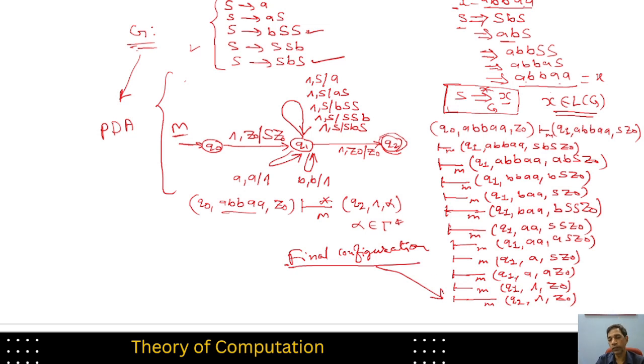Okay, why is this the final configuration? Because Q2 belongs to final state. So starting from the initial configuration, we are able to reach this final configuration.